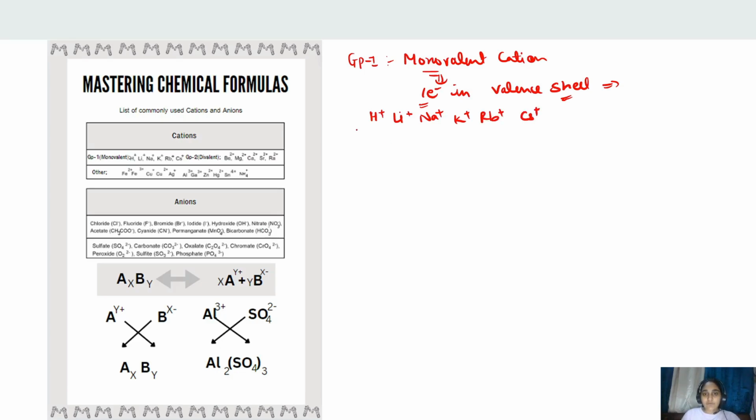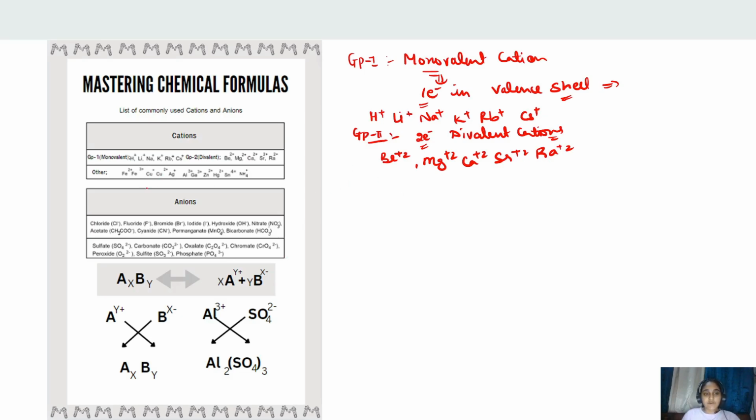For group 2, they have two valence electrons. They can donate these two electrons and form divalent cations. These are the metals. Divalent cations will be beryllium, magnesium, calcium, strontium.